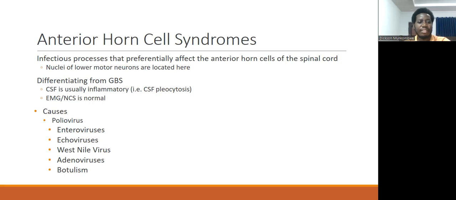The main difference is that the CSF is usually inflammatory in GBS. There's more pleocytosis as opposed to in anterior horn syndromes. And EMG and nerve conduction studies are often normal in anterior horn syndromes.